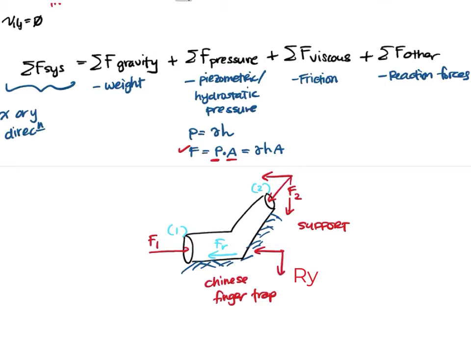So this would be the reaction in the Y direction, and this would be the reaction in the X direction, okay? So that's an example of reaction forces. Other forces are also considered tension. You could have a setup where you have a rope or things like that. So just make sure that you carefully note that.